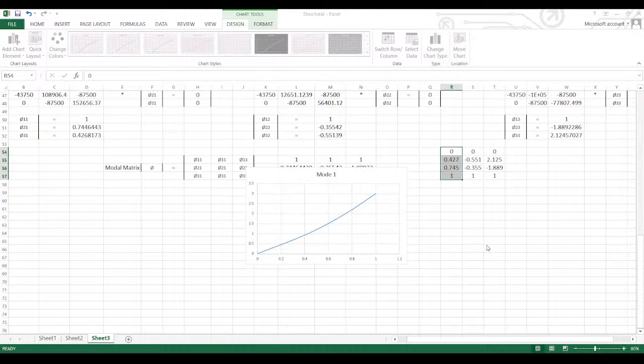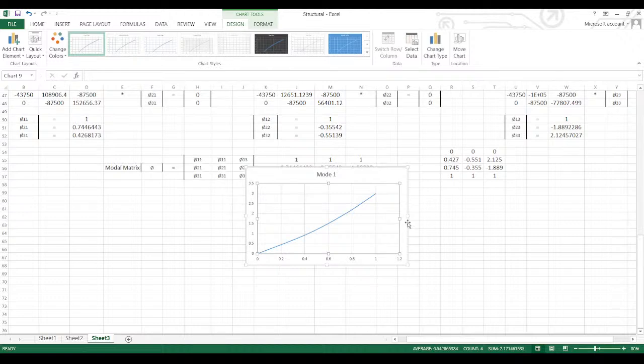Okay, enter. That is it is a 0 0. Here the 1, here the 1, that is 0.4.